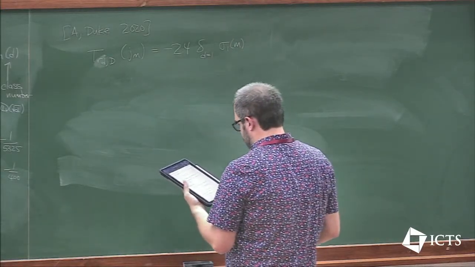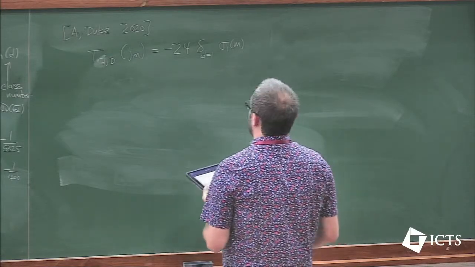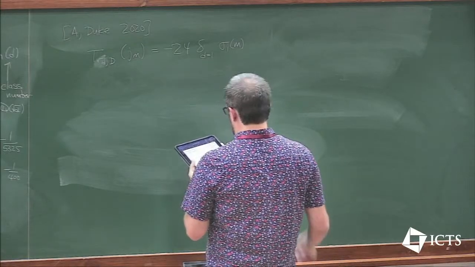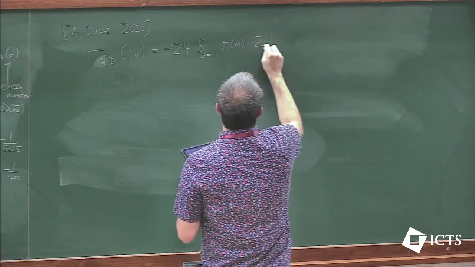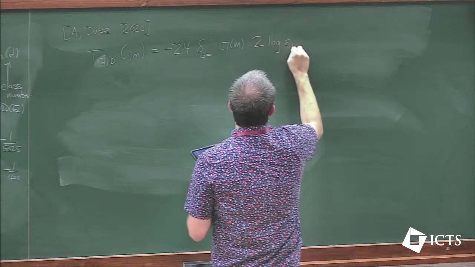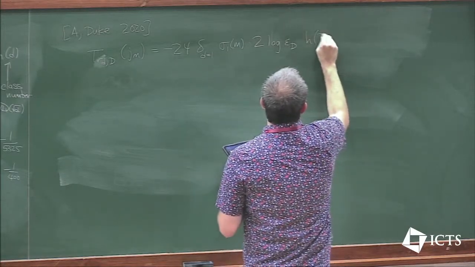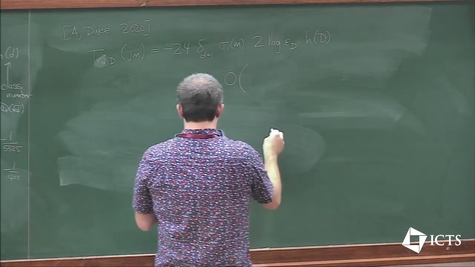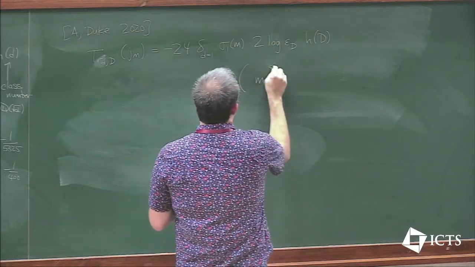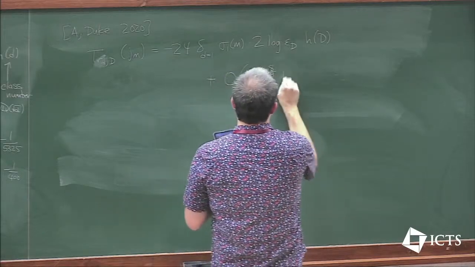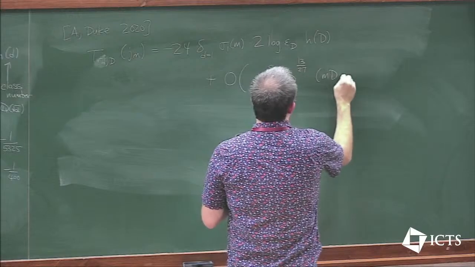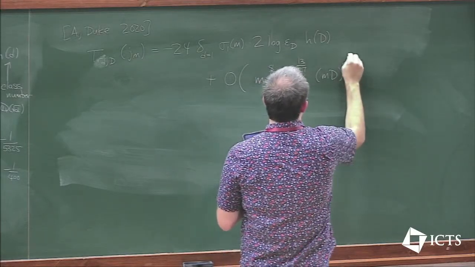Let's see, I think I've now switched my d's, because now I think I want big D to be the thing that's going to, well, I'll fix that in a second. 2 log of epsilon big D, h of big D, plus big O of m to the 8/9 big D to the 13 over 27 times little m big D to the epsilon.